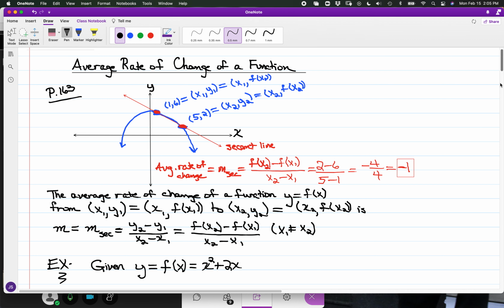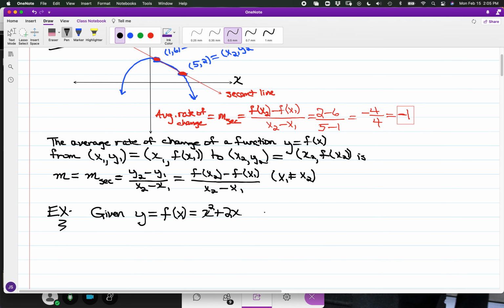So you have this particular function that is given.